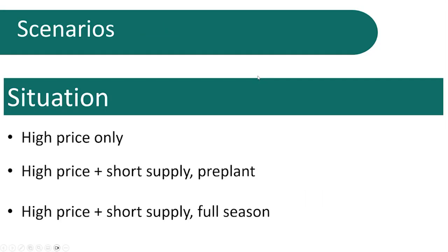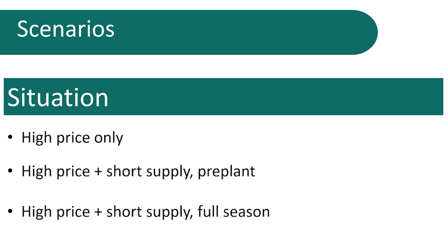So the big question facing us this season is, these different scenarios have very different outcomes as far as the choices we make right now, or the options we take off the table and the ones we leave on the table.